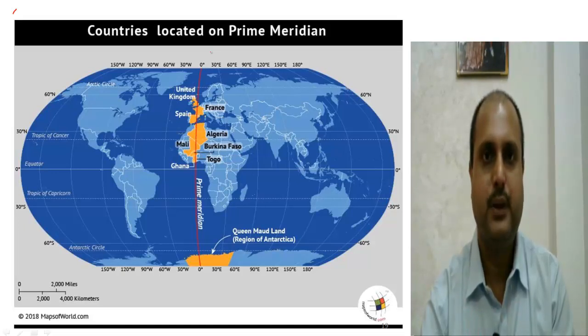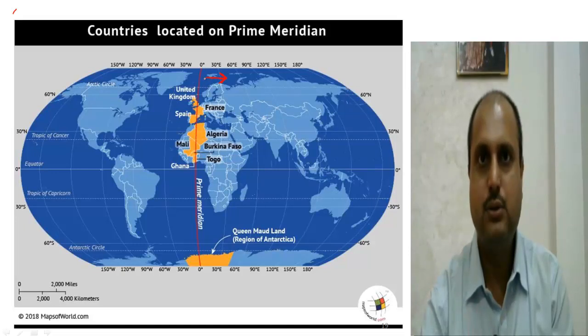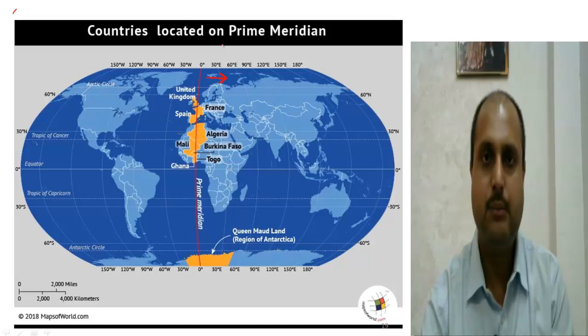Now we also discussed that if any country is located at the east of the GMT, it will be ahead, and how many longitudes are there between the GMT and that country. So you can also divide the longitude by 15, because for every 15 longitudes there is a time difference of 1 hour.